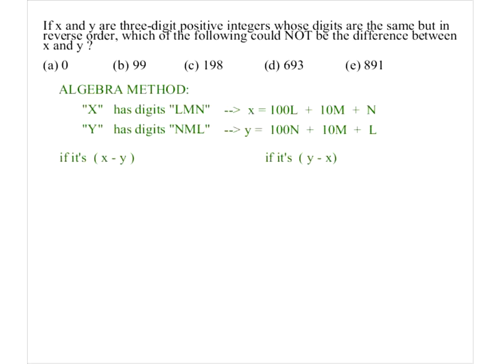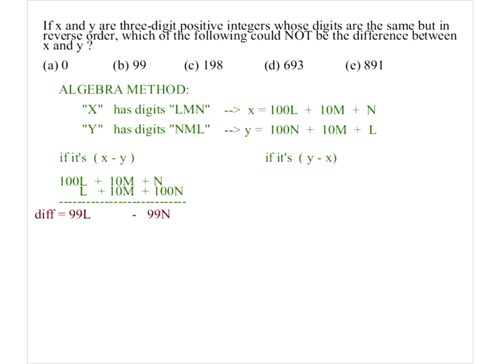X is 100L plus 10M plus N, and then Y is L plus 10M plus 100N. So if you subtract, then the difference is 99L minus 99N.